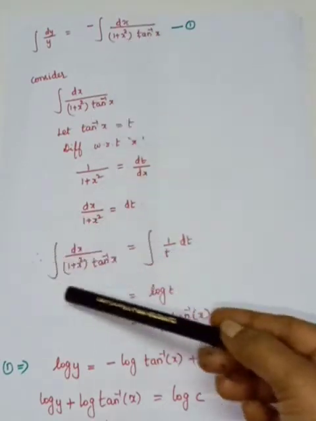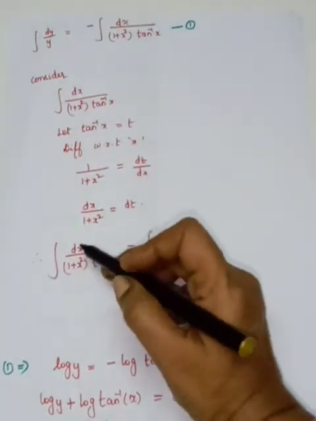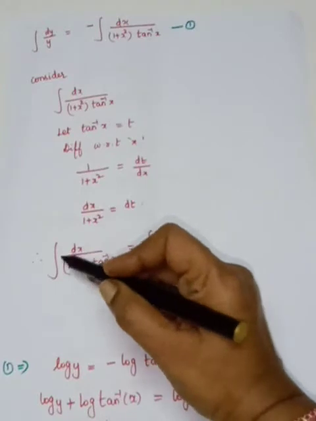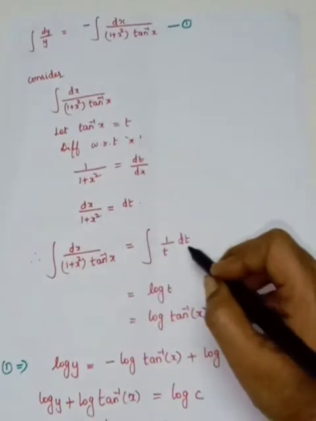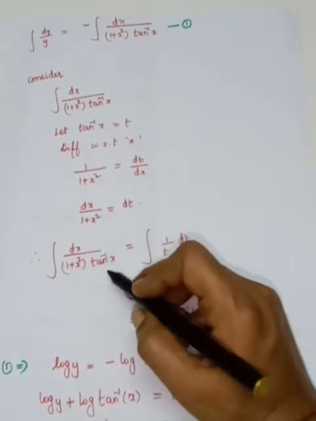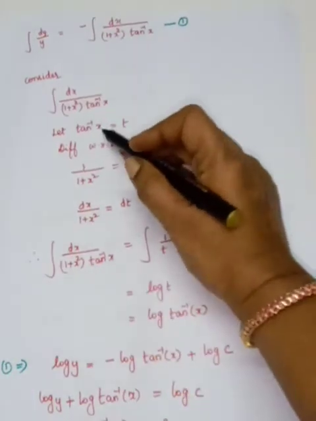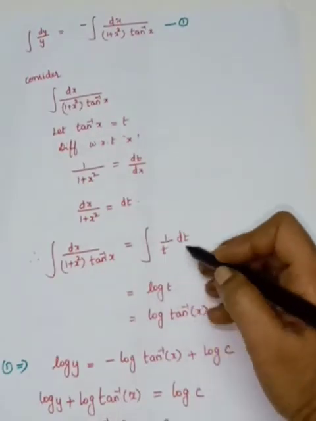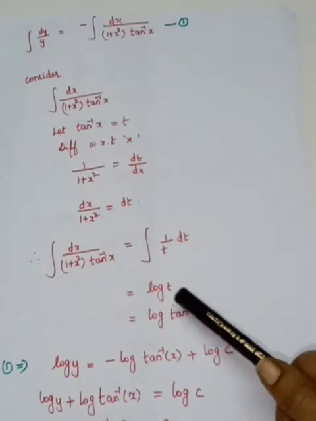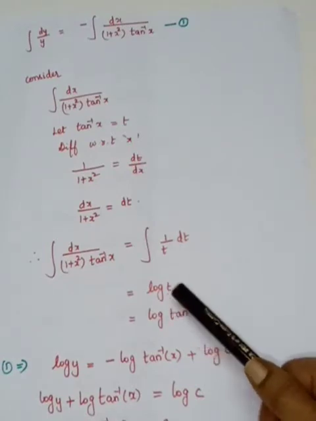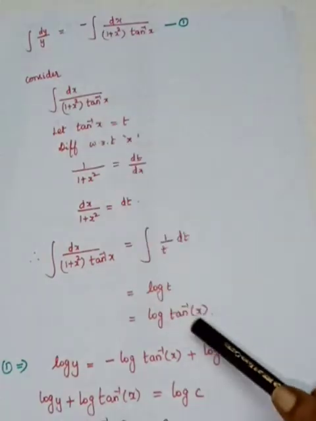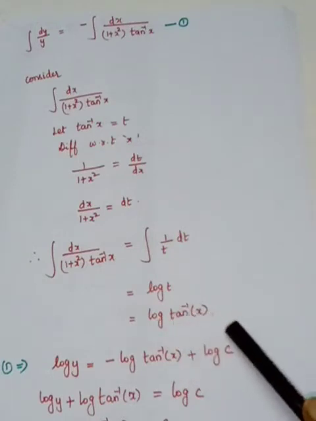Take this term alone. What is it? Dx by 1 plus x squared. Instead of this term, you can write dt. That is written. What is remaining? 1 by tan inverse of x. What is tan inverse of x? It is t. So 1 by t into dt. What is the answer? When you integrate, it is log t. What is your t? t is equal to tan inverse of x. In this way also you can write.